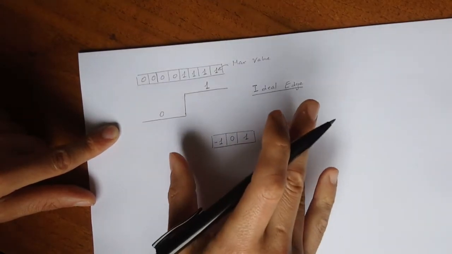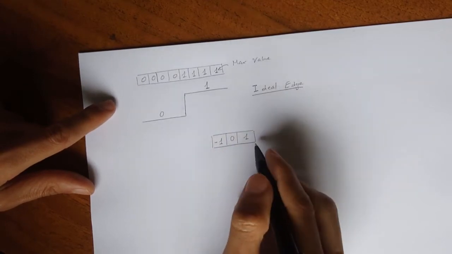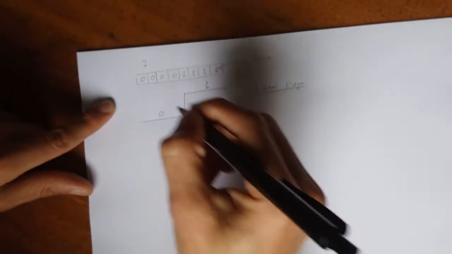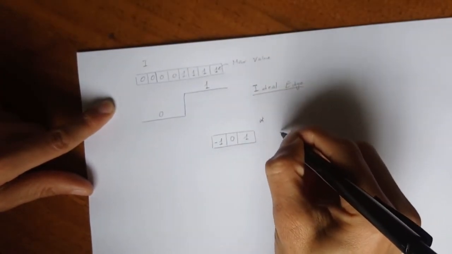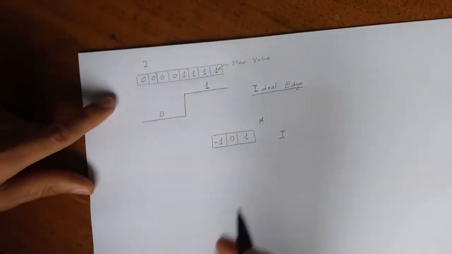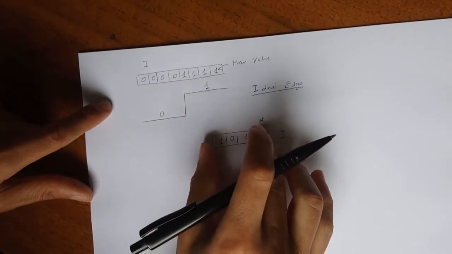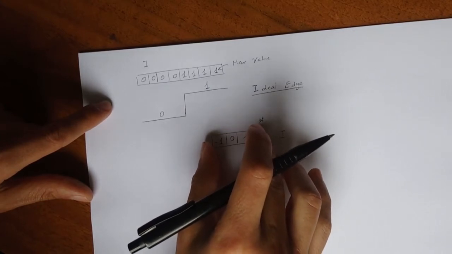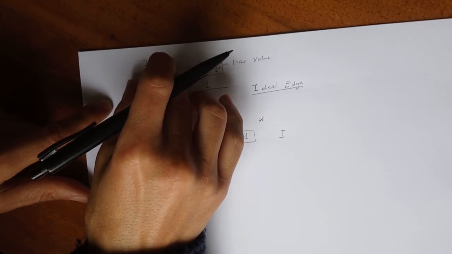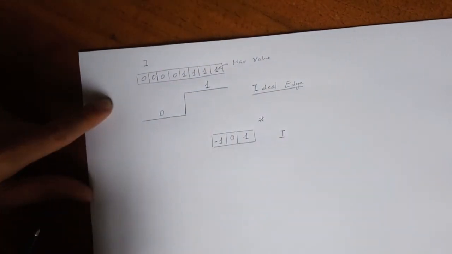And in order to get edges, we have to convolve this kernel with this image, I. And the way by which we do this is that we take our kernel, we put it over our image, and we slide it over the entire image.